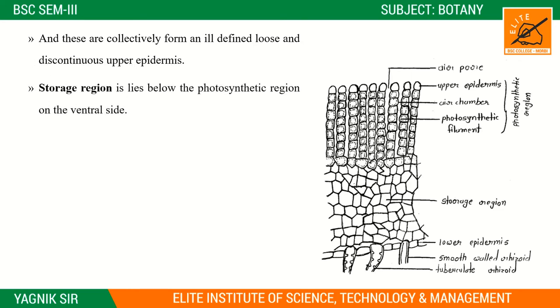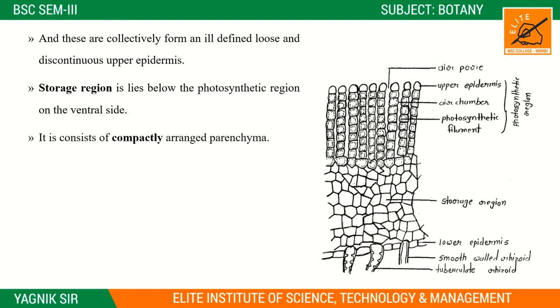Another region is the storage region, right? And this storage region is placed on the ventral side, lying below the photosynthetic region. Here we can see the filaments on the upper side; this filamentous structure is the photosynthetic region, and the lower, very broad region is the storage region, lying below the photosynthetic region on the ventral side.